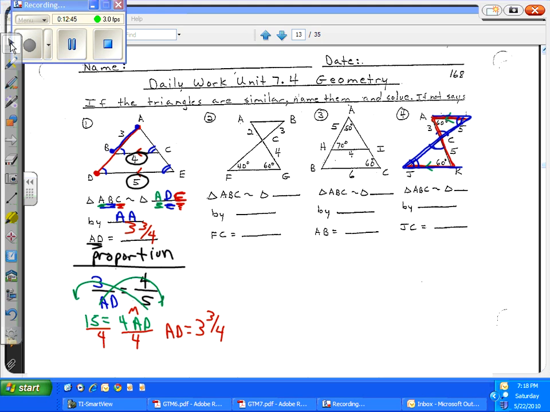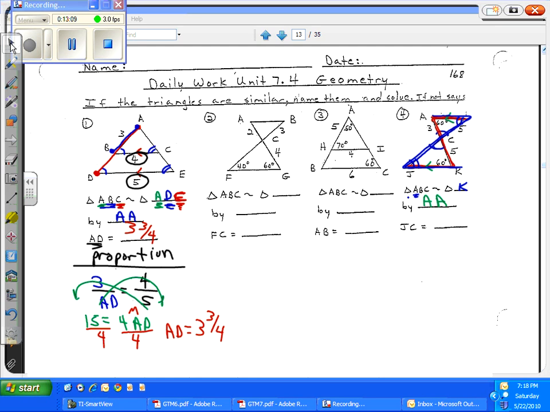And we know that the vertical angles are equal, so we basically know that all of the angles of one are equal to all of the angles of another, so we say they're similar by angle-angle similarity. Now the A was equal to the K, they were both 60 degrees. So since A was first, we'll put K first.